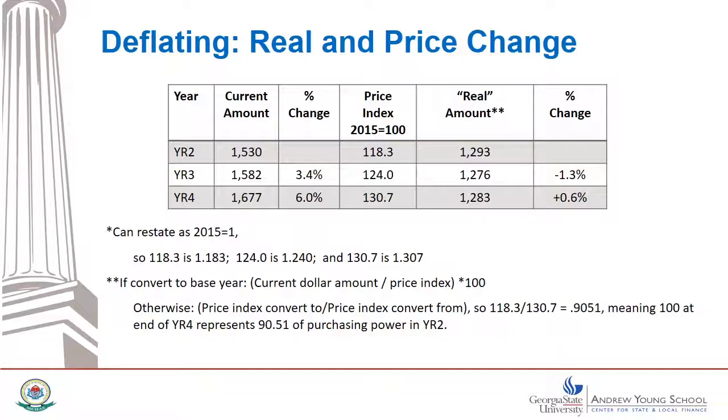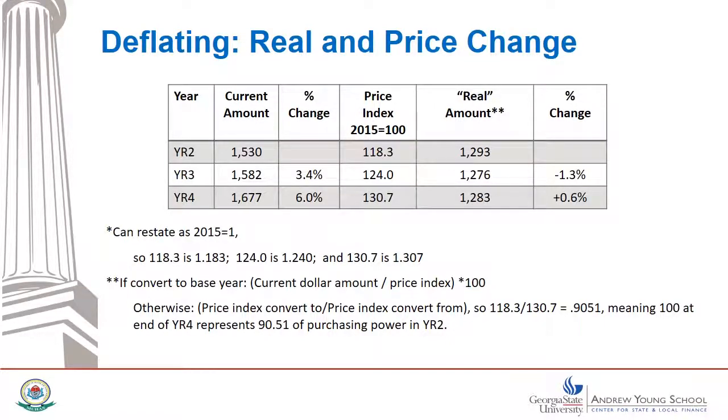The percentage change, calculated from that year to the next, is 1,582 minus 1,530. Then divide the result by 1,530 and convert to a percentage by multiplying by 100, and you'll get 3.4%.